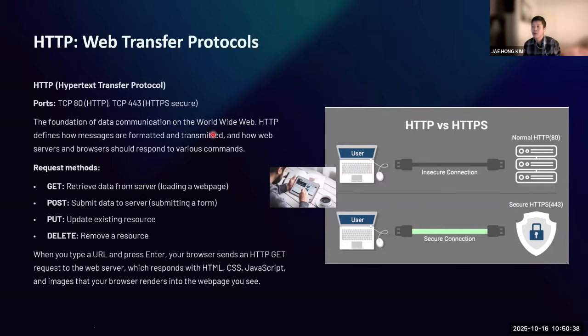When you are web surfing, for example, when you open the Google browser, type a URL and press enter, your browser sends an HTTP GET request to the web server, and then gets the response with HTML, CSS, and JavaScript, and then shows you the page in your browser. So this is a predefined data format for what is sent through web browsers.